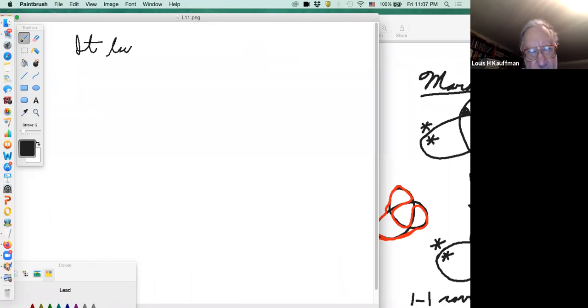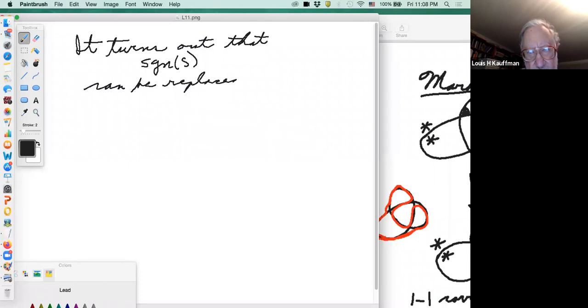It turns out that the sign of the state can be replaced by -1 to the number of markers that go inward.